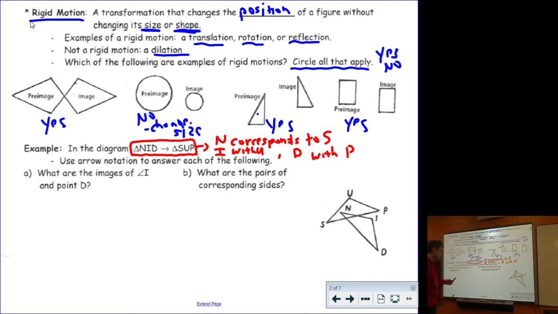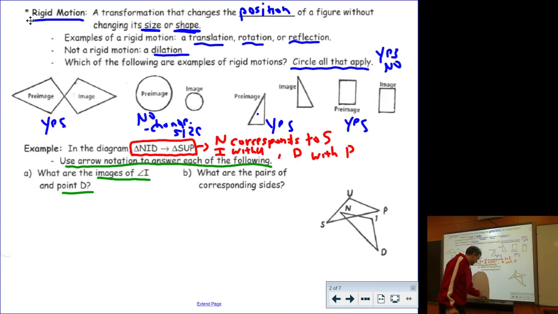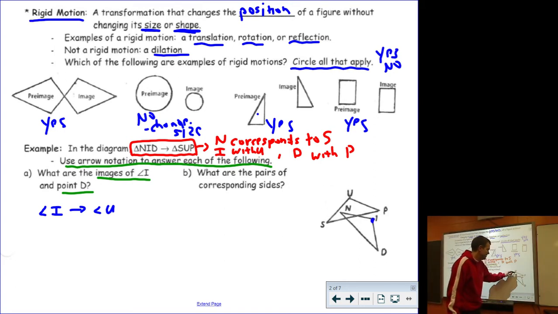So, it says to use arrow notation to answer each of the following. What are the images of I and point D? So here's how I would use arrow notation to show that. Angle I maps onto angle U. I can either look at the diagram and see that, or I don't even really need the diagram because I can look at the name and say that since I is the second letter and U is the second letter, they must map onto each other.